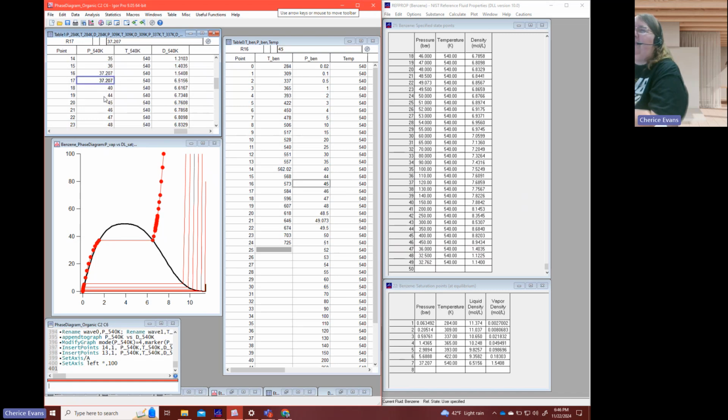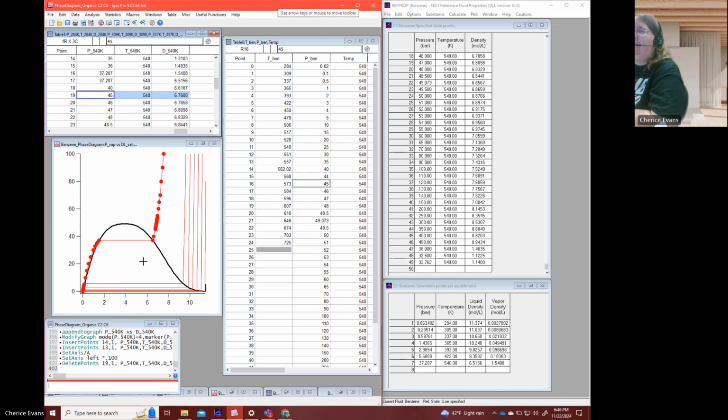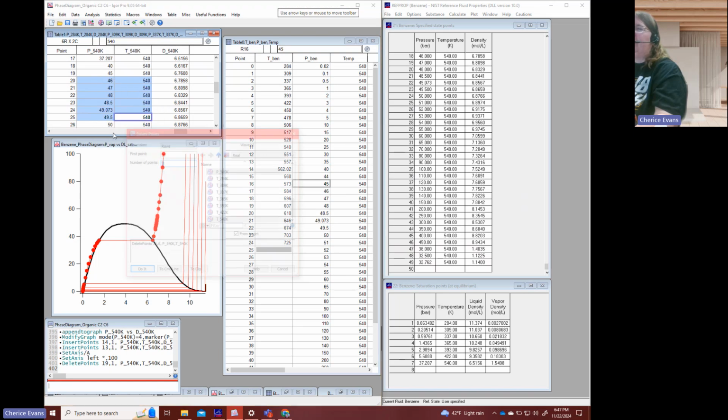And I go from 40. 40 looks okay. 45, I probably could just deal with 45. So I will delete that point. Could probably do just fine all the way to 50. So I will delete all of those points.